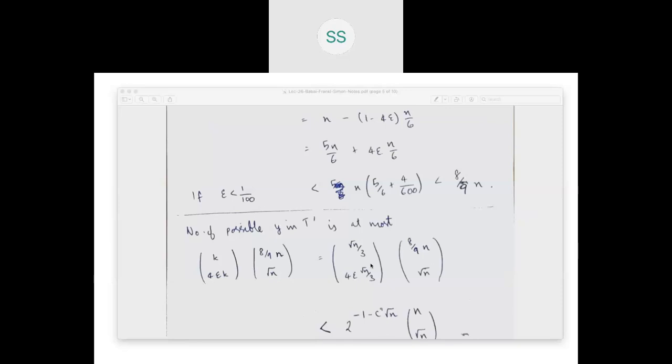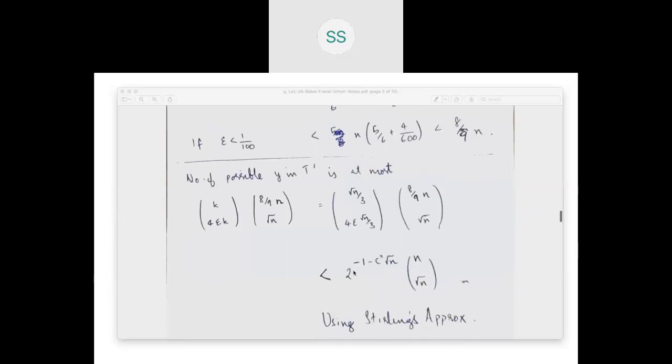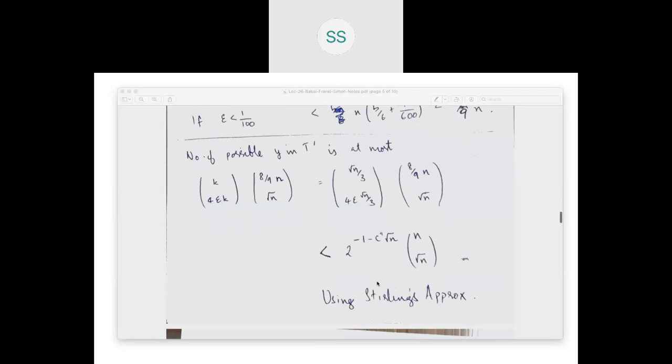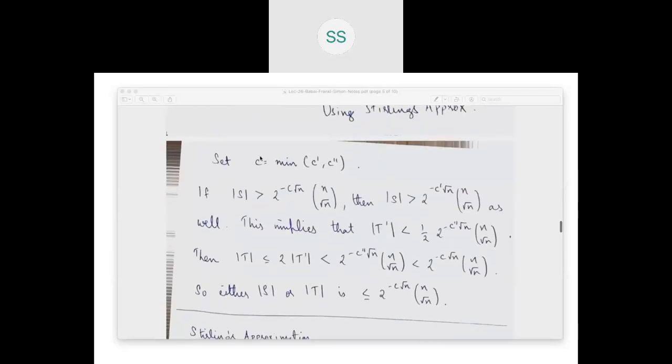And if you substitute k to be square root n by 3, you get that it is 2 power minus 1 minus c double prime square root n, fraction of the total number of columns. And if you set c to be the minimum of c prime and c double prime, the rest of the argument easily follows. If s is bigger than 2 power minus c square root n fraction, then s is also bigger than 2 power minus c prime square root n fraction.